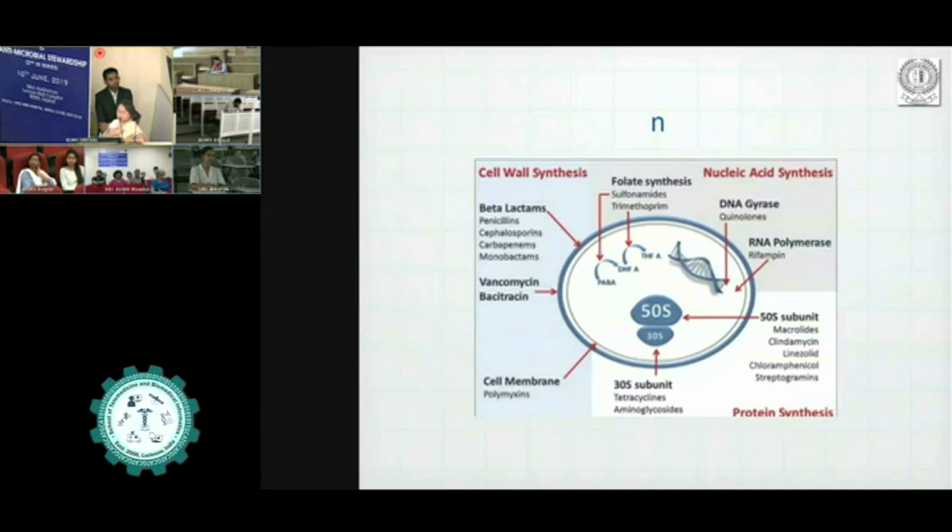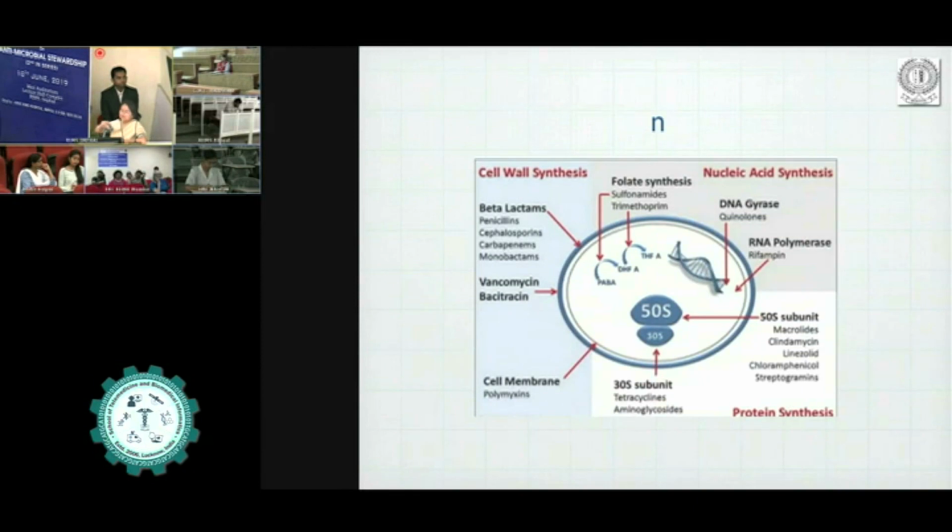So what happens is, suppose if it is an aminoglycoside, it acts on the 30S ribosomes. So they need to enter the cells inside. They have to pass through the cell wall, they have to pass through the cell membrane and go inside so as to act on that ribosome, 30S ribosome unit. But then, what happens? They just can't enter.